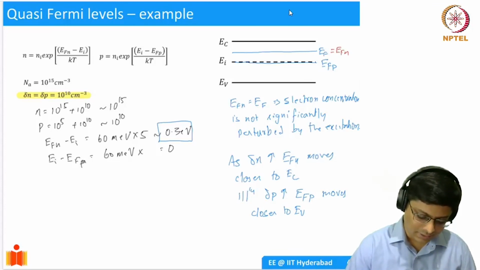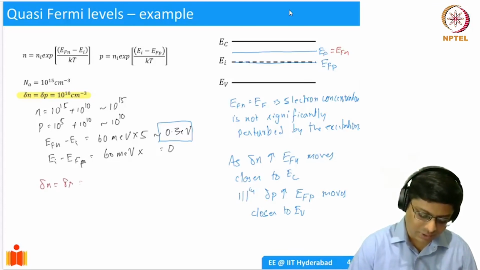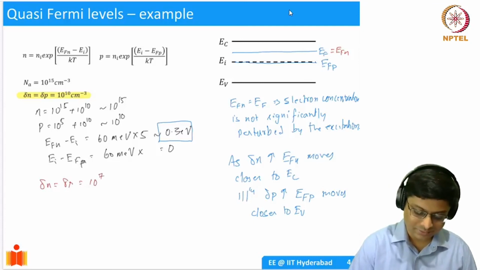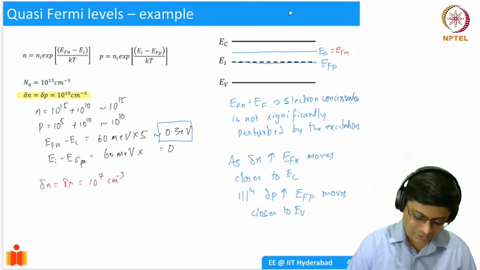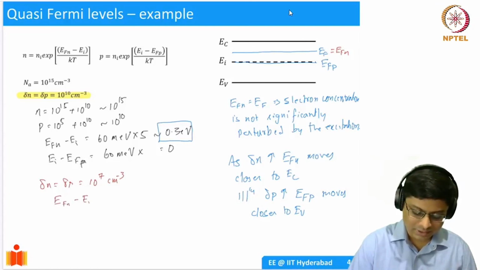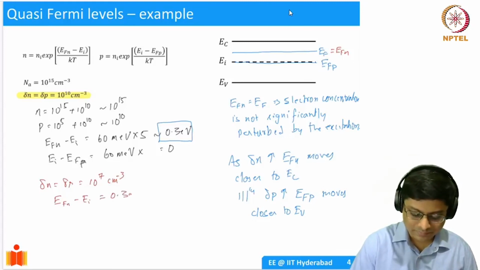Let's say delta N equal to delta P equal to 10 power 7. I'll cut the story short. EFN minus EI is still going to be 0.3.